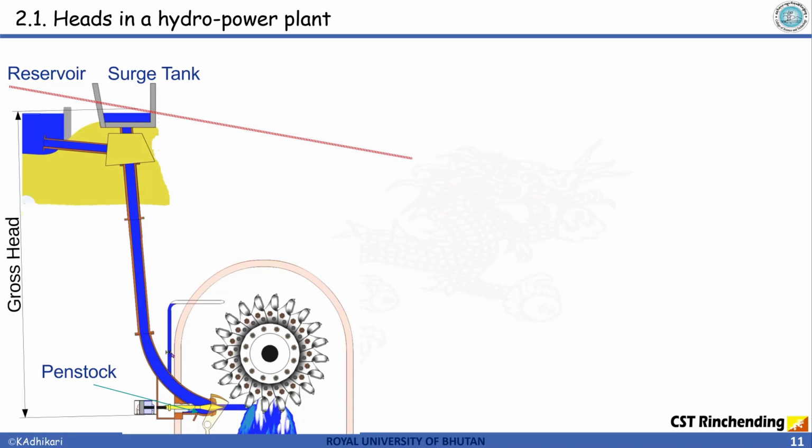And the total elevation difference between the point at which the jet impinges on the turbine and the reservoir level is what we call the gross head. That is the total head. And the head that is actually available at the point where it impinges the turbine is what we call the net head.